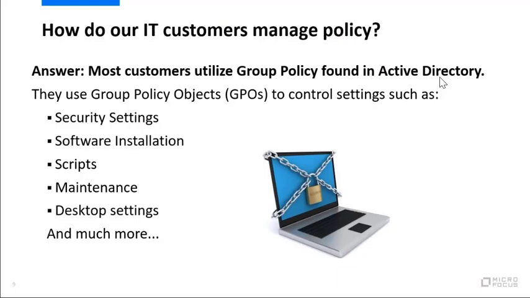So let's talk about how people are managing policies today. I mentioned that a large portion, as you brought up, a large portion of the Fortune 1000 are still using Active Directory and group policy. This is the one that most people are familiar with.